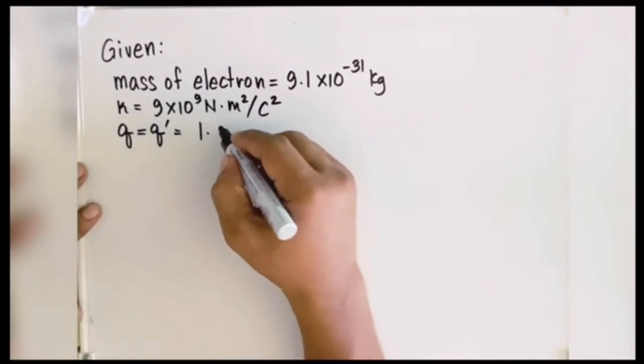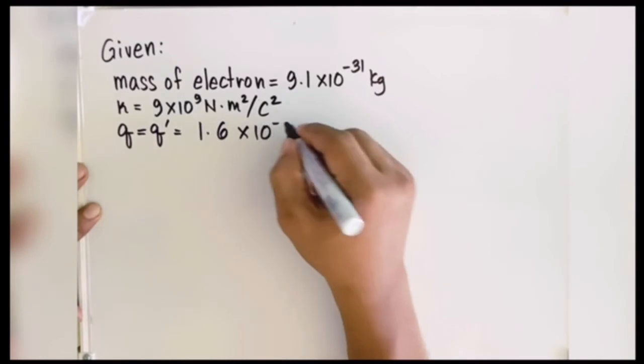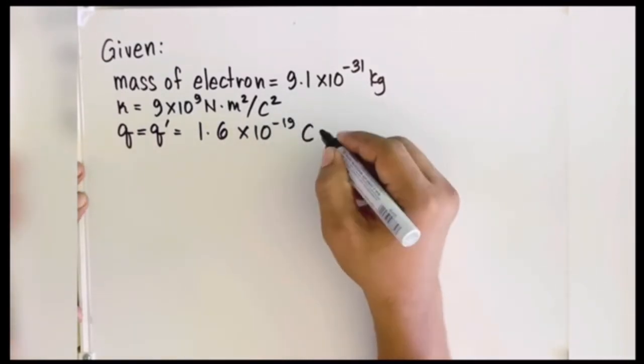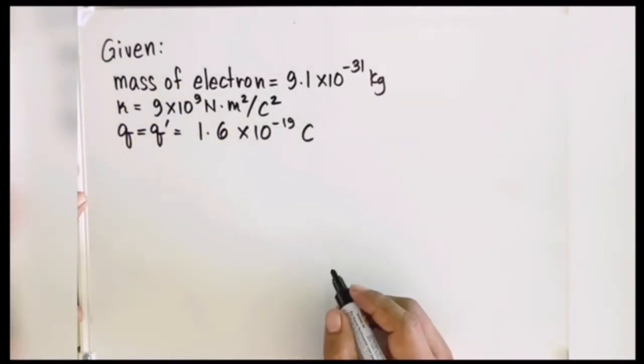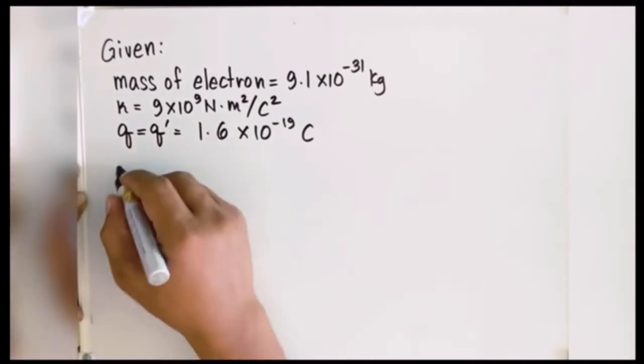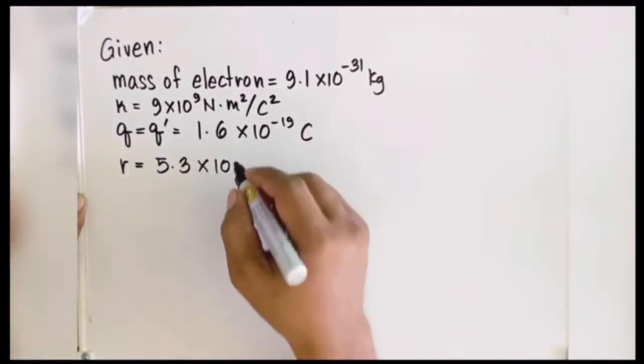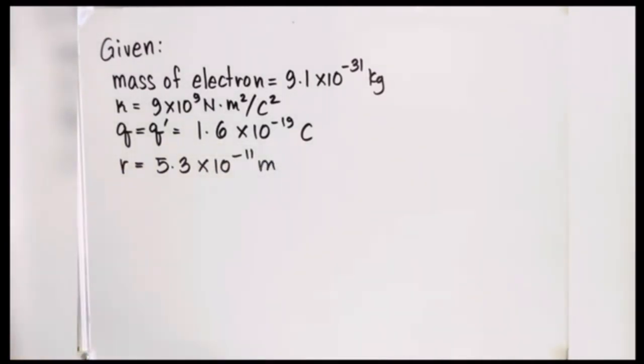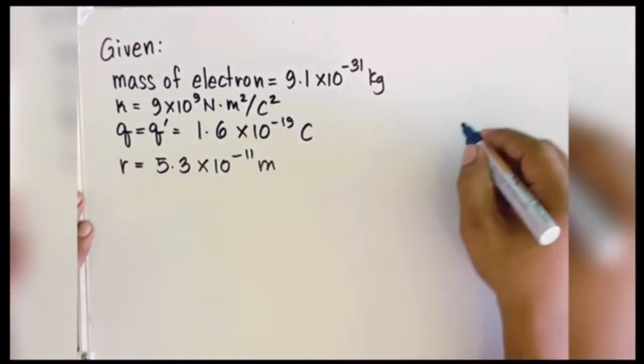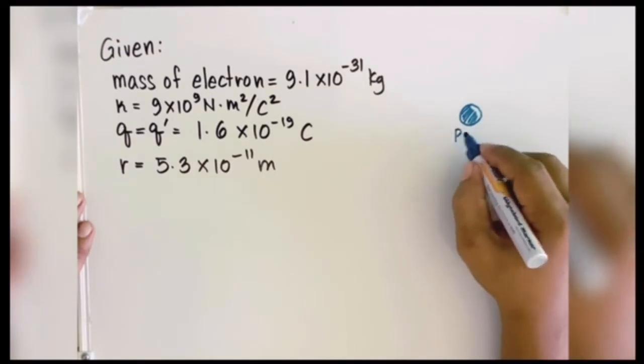And the two charges are just equal to the elementary charge value, which is 1.6 times 10 to the minus 19 coulomb. And the distance from the nucleus, or the proton, to the electron is given by a value of 5.3 times 10 to the minus 11 meter.